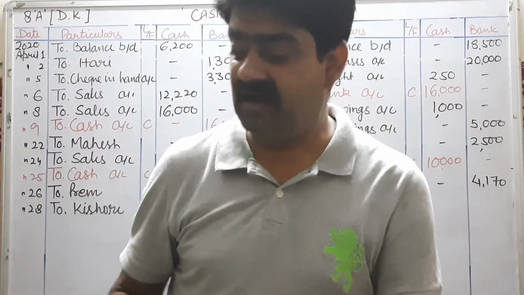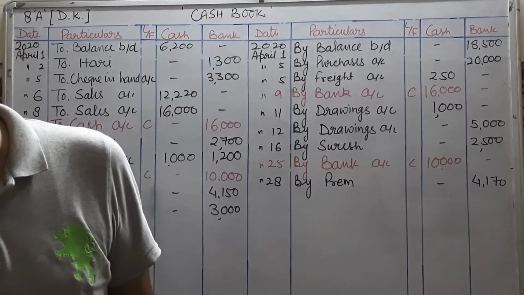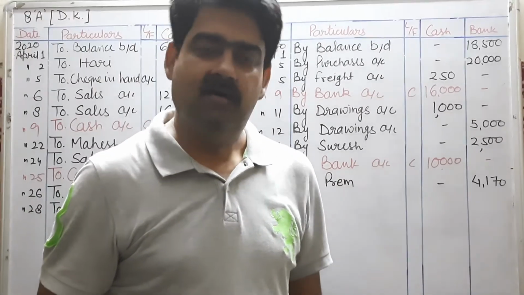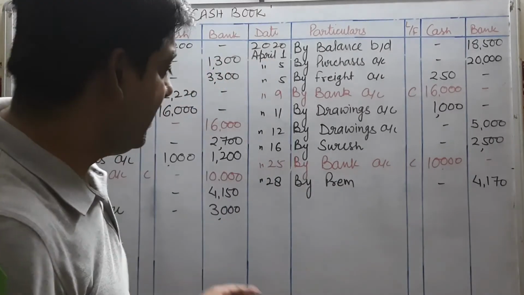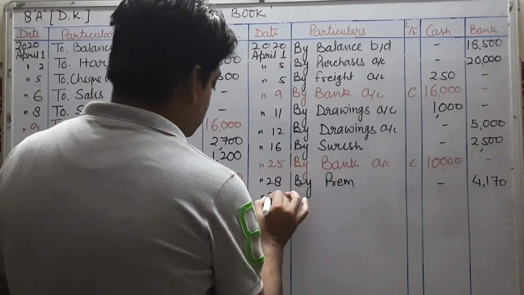Now see the last transaction of this question, that is bank has charged rupees 60 for bank charges and interest on overdraft rupees 720. Both are expenses, and expenses will come in credit side, and date is April 30.